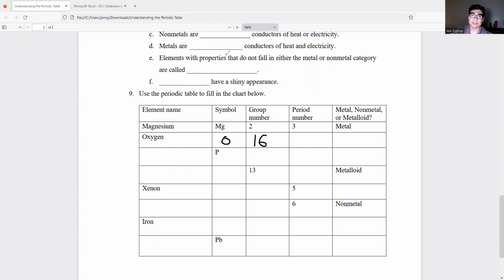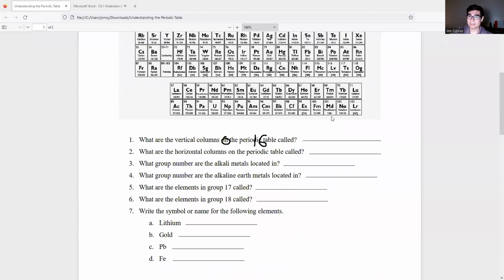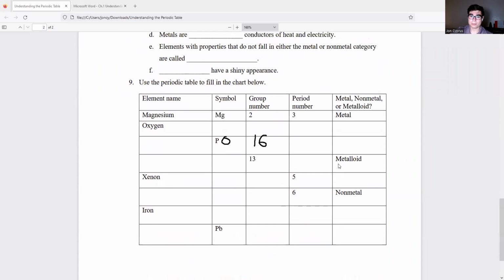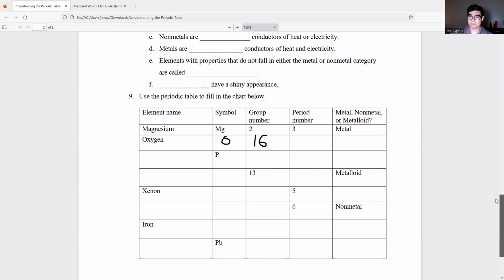So it's in group 16. It's right here, 16. The period number, it's in the second period, or the second row. And this is a non-metal, right? It's in that little staircase box that I made.